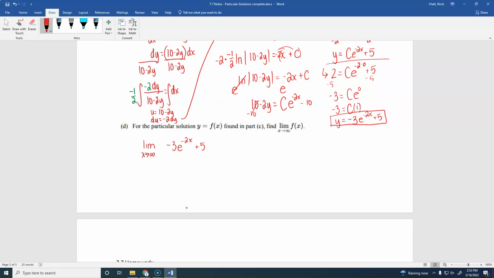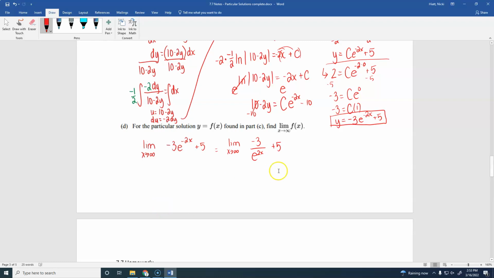What I would do is, since you have a negative exponent there, make this negative 3 over e to the 2x plus 5. Just move that negative exponent down to the bottom, which makes it positive.